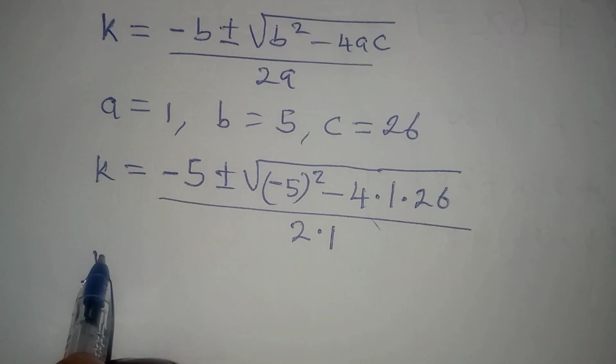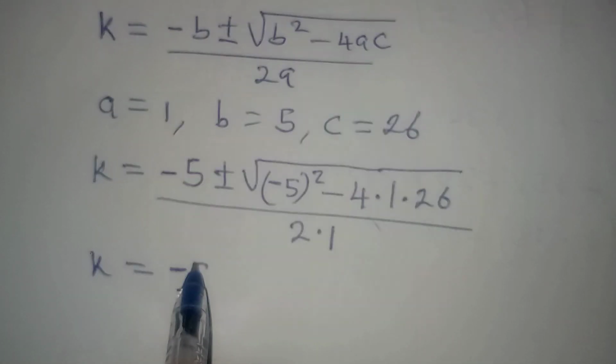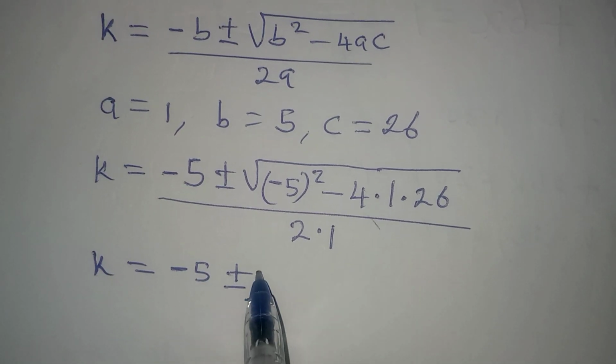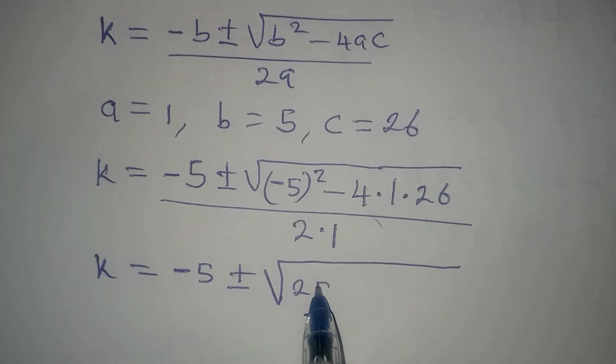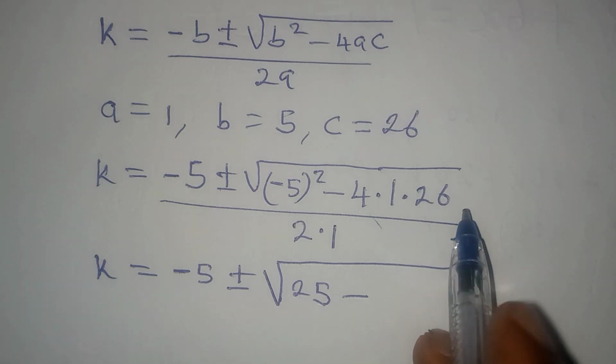From here, k will be equal to minus 5, positive or negative. Now minus 5 squared will give us 25, right? And then we have minus 4 times 1 times 26.